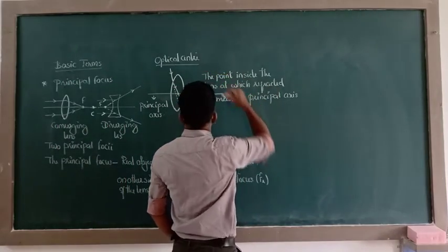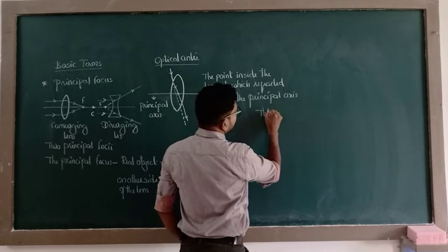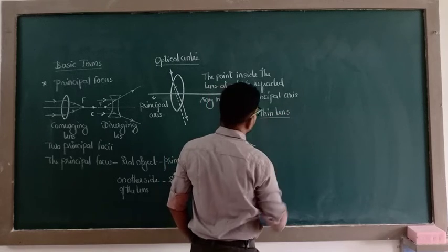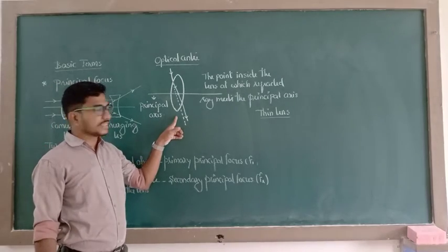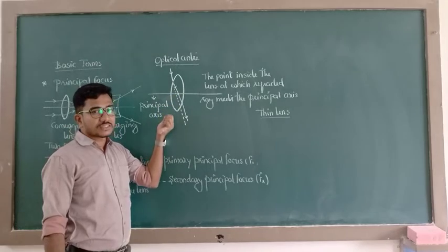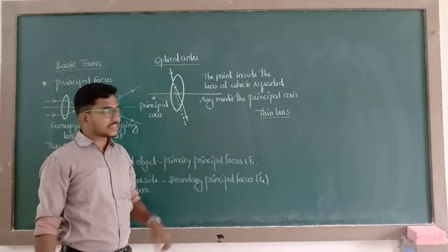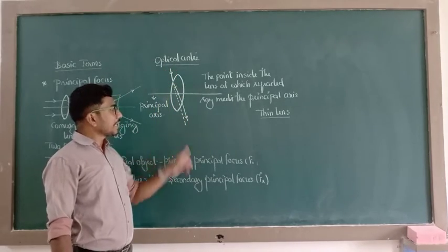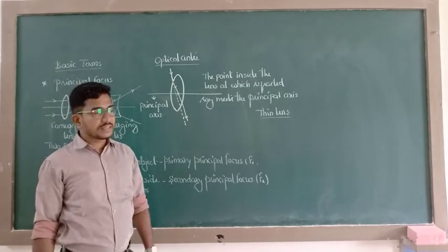So that point is known as the optical center. Then thin lens. Here, in case of this biconvex lens, there is a lateral displacement. By reducing the thickness of this lens, this lateral displacement decreases, and finally the emergent light ray approaches the path of the incident light ray. Then that lens is known as a thin lens.